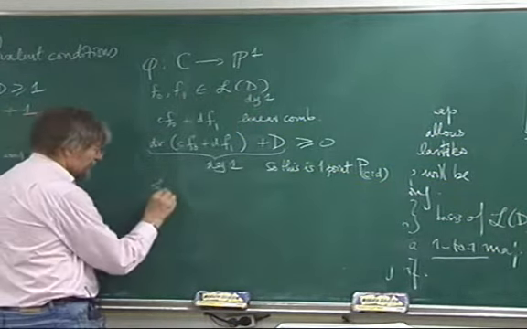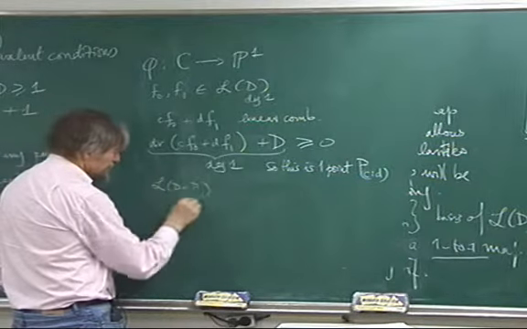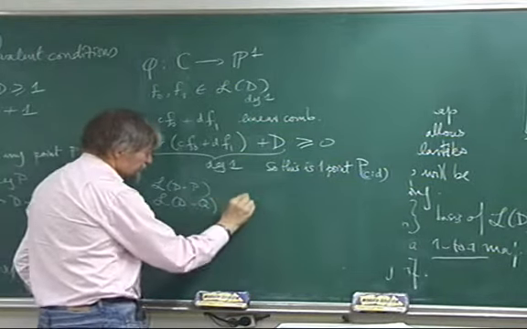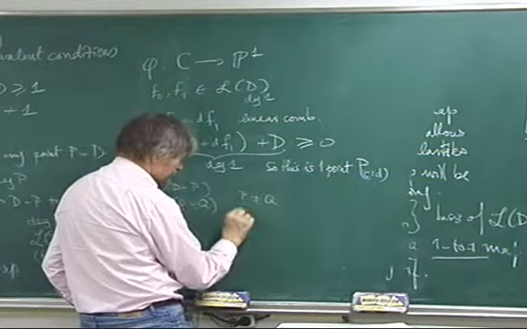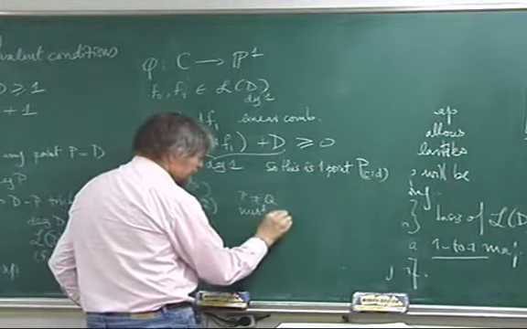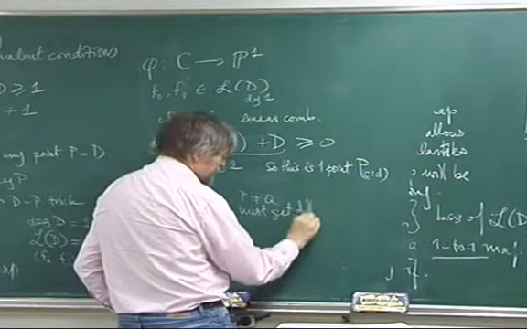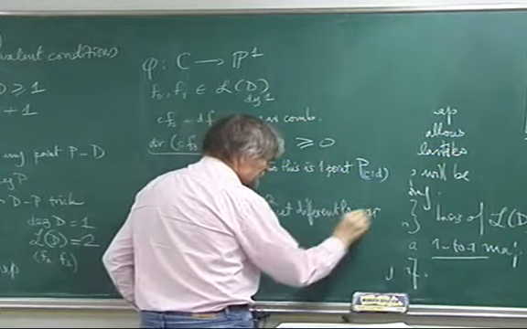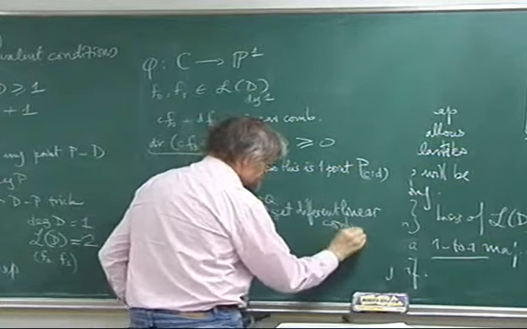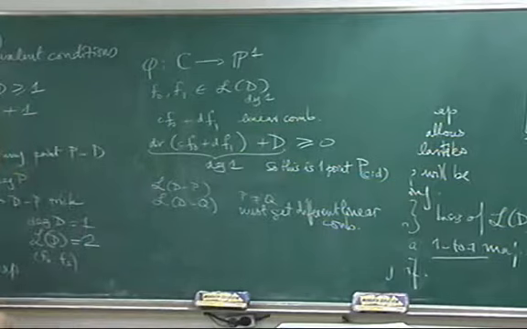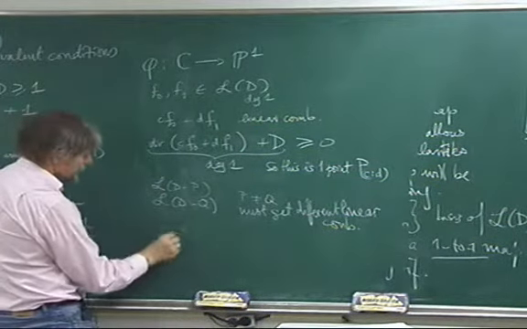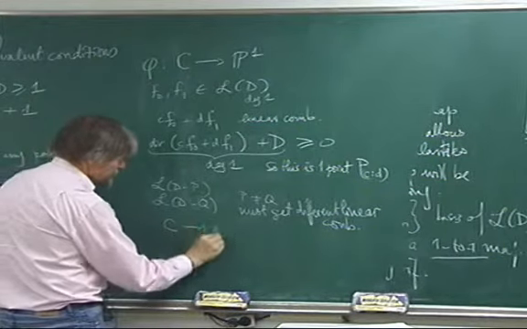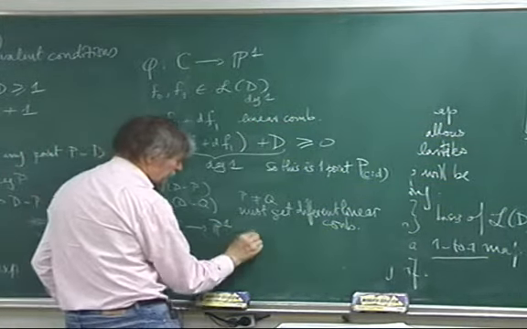So if I do L of D minus P and L of D minus Q, with P not equal to Q, I must get different linear combinations. And so this is saying that I get this map C to P1, and the map is 1 to 1.